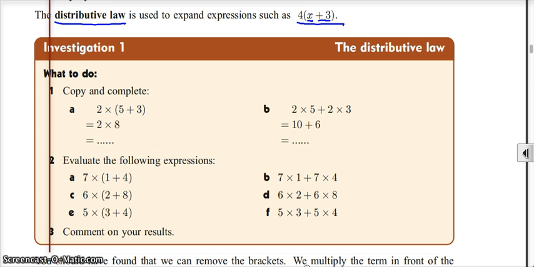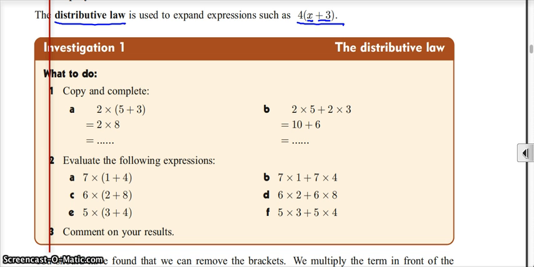Taylor, what do we have between the start of the brackets and the 4? What sign? A multiply sign, a times sign. So we're saying this would be 4 times the x, add 4 times the plus 3. That's virtually the easiest distributive law of all, is the first one, but we'll look at that a little later.